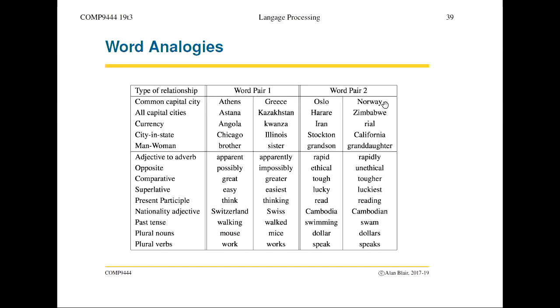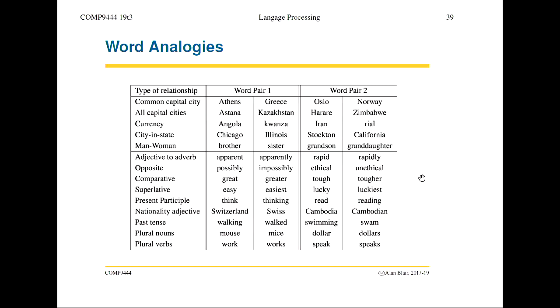Capital cities of countries, the currency of a particular country, a large city and a state, these gender relationships, king, queen, brother, sister, and so on. And then also grammatical relationships, so opposites, comparatives, a country and its nationality, present, past tense, and so on.